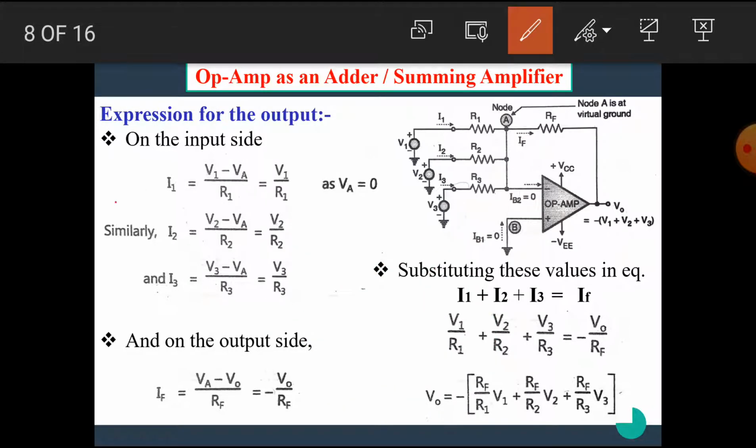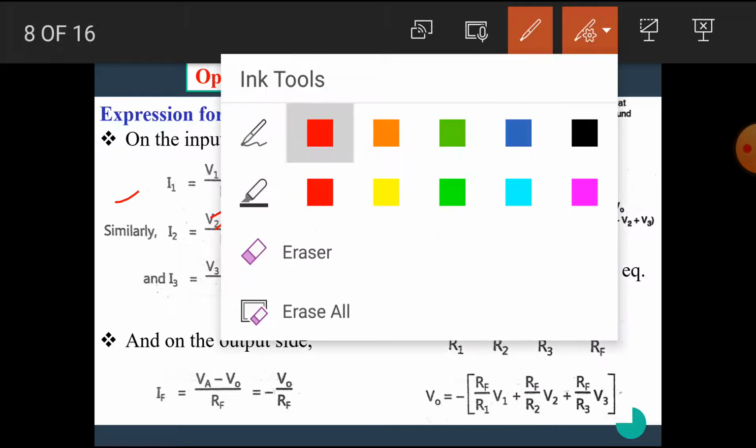I1 means the current flowing through the resistor R1, so I1 is equal to V1 minus VA upon R1. But we have already seen that VA is equal to 0, hence we get V1 upon R1.